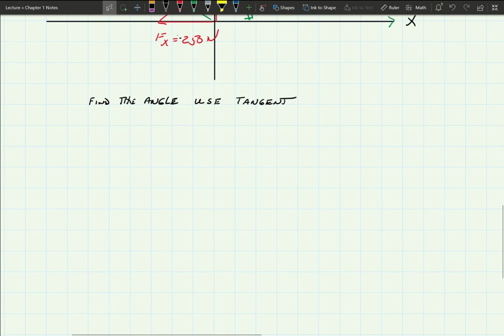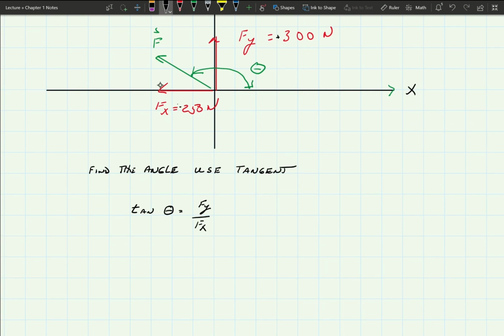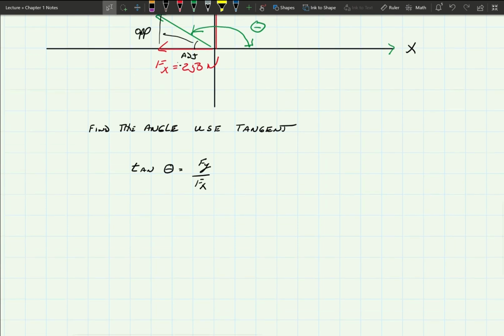Okay, so tangent of theta is equal to fy over fx, basically opposite over adjacent. Okay, so Fy would be this piece here, and from this angle in here, that would be opposite, and this one is adjacent. Okay, just so you can keep track of that stuff.